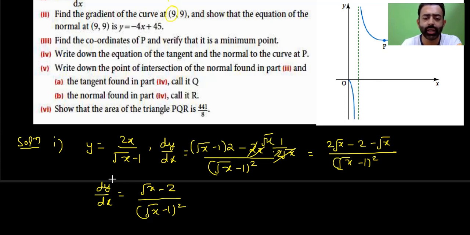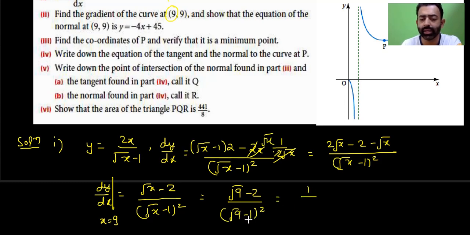So at x equal to 9, value of this will be root 9 minus 2 upon root 9 minus 1 whole square. Root 9 is just 3, so this is 1 upon 3 minus 1 is 2, and 2 square is 4. So gradient at point 9 comma 9 is 1 by 4.